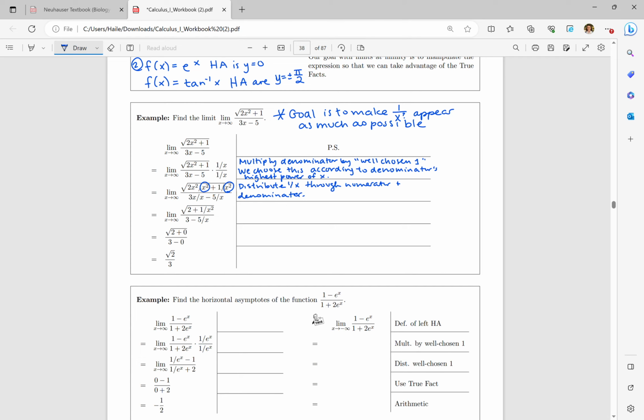The reason is that when you pull something under a square root, you want to think about it as undoing a square root. And the opposite of doing a square root is squaring something. So when we bring 1 over x under the square root, it becomes 1 over x squared.